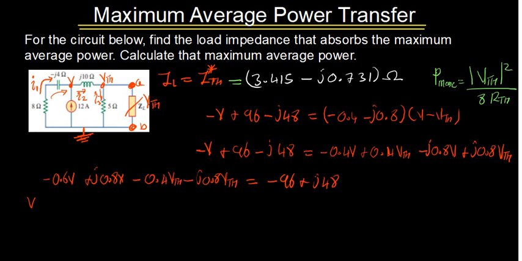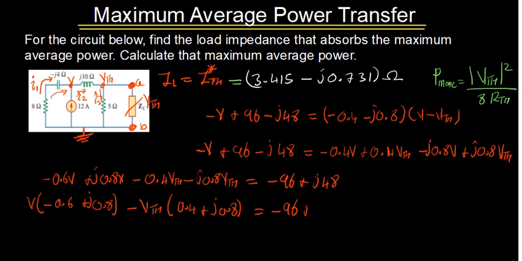That will be v open bracket minus 0.6 plus j 0.8 there. Then I can do the same here, but let me use minus V Thevenin open bracket 0.4 plus j 0.8 is equal to minus 96 plus j 48.